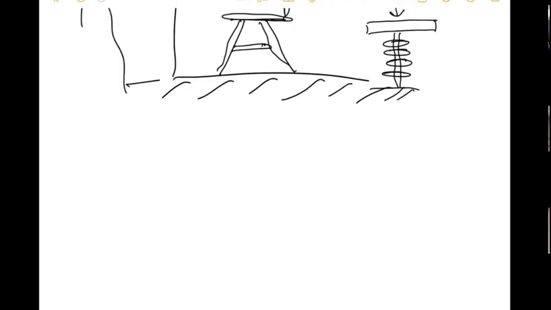Think about your rock specimen. What happens when we do a UCS test? What happens to the sides of this? They bulge. So think of it this way. In a UCS test, when I apply load, this thing wants to bulge out.